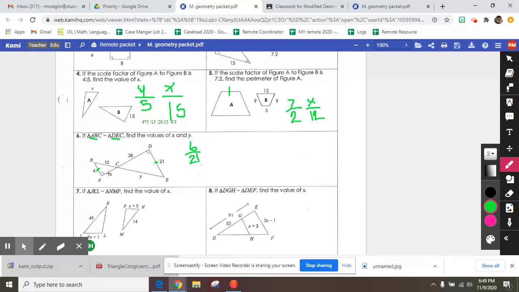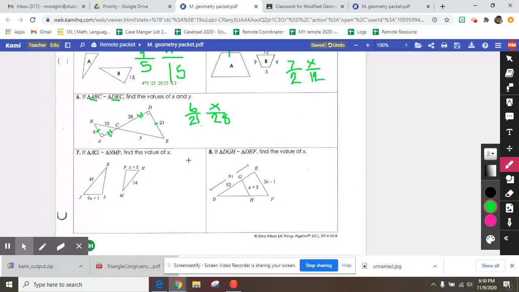Okay, and if I'm trying to find this side here, AC, so first letter, last letter is the same as DC over here, 28. Okay, so I could say x over 28 to find what that x is going to be. Okay, again, I'm going to cross multiply, so I'm going to take 6 times 28 and then divide it by 21 for my answers. I'm going to go ahead and tell you right now you do not need to worry about 7 and 8, so go ahead and cross those out.